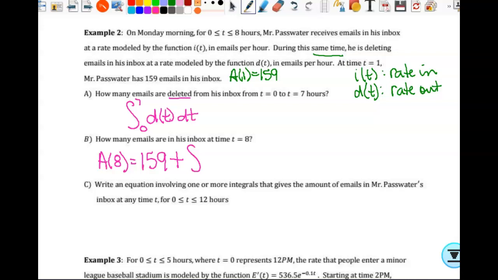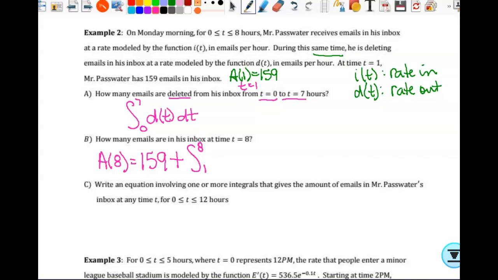It still works with 159 because of what we're about to do right here. So good question. Here it told us to go from 0 to 7, and we can know how many got deleted, right? Here it says at time t equals 8. Well, I don't know what it is when t equals 0. But I do know when t equals 1, I have 159. So that means I'm going to take this 159 and I'm going to integrate from 1 to 8.